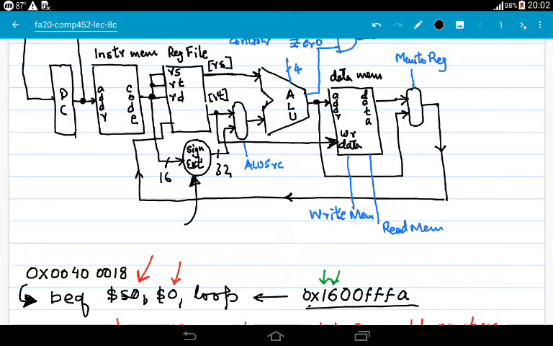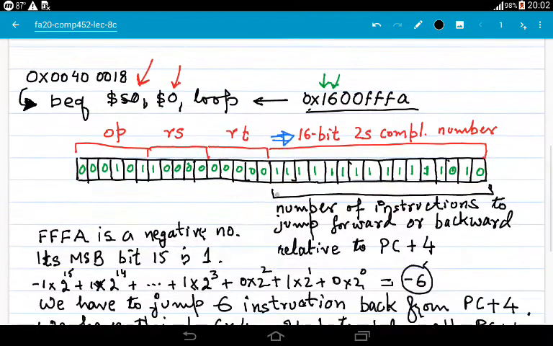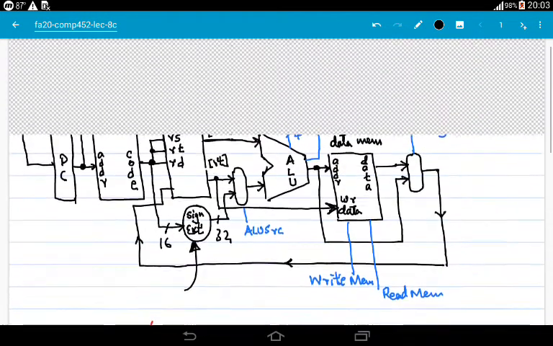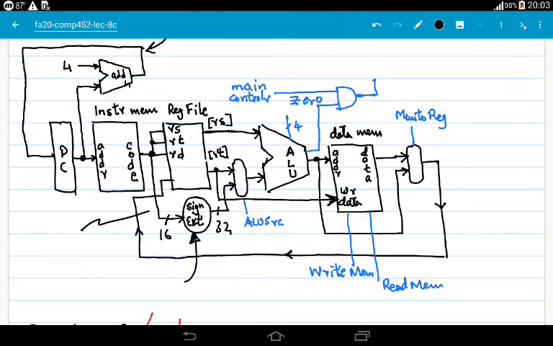And the good thing is that this sign extender is already getting that number from here to here, because these are bits 0 to 15 of the instruction code. They are already going into the sign extender.